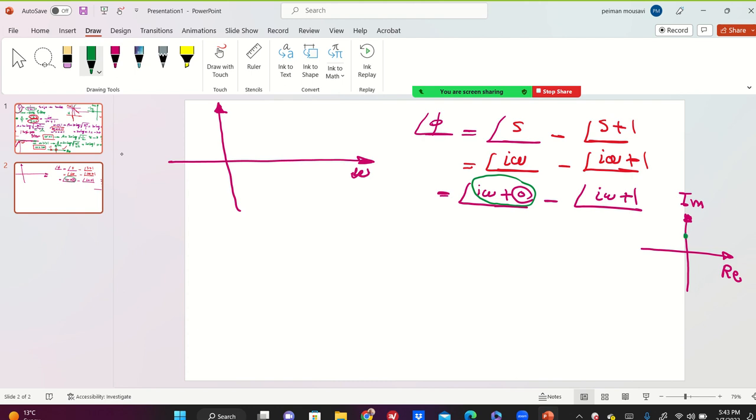Is this point. So what's the phase angle of this? What's the phase angle of this, guys? This part. Look at here. Or tangent inverse of omega over 0. What is omega over 0?